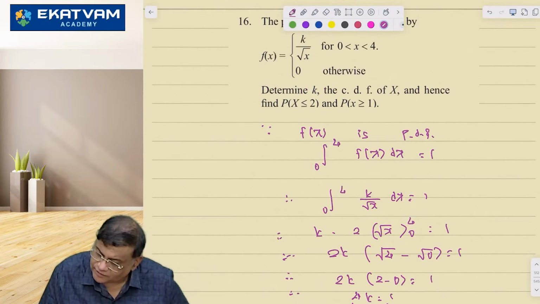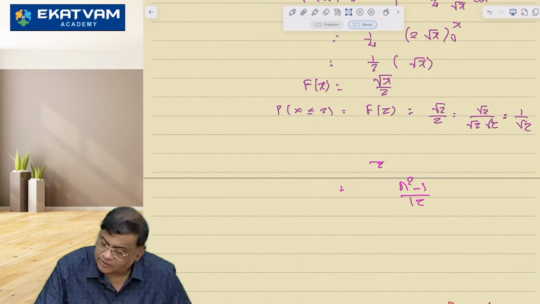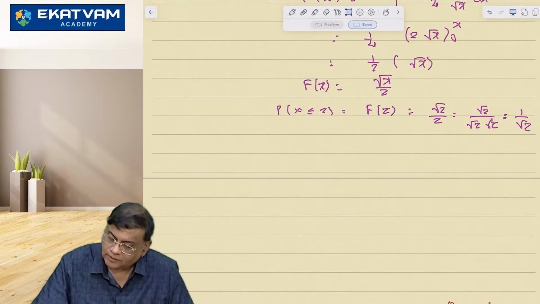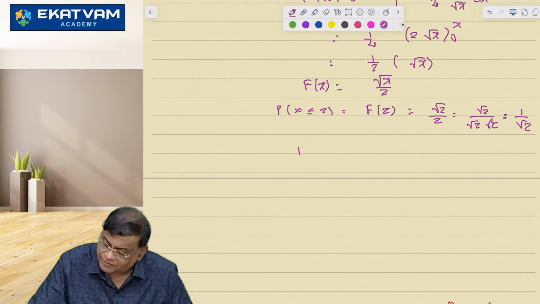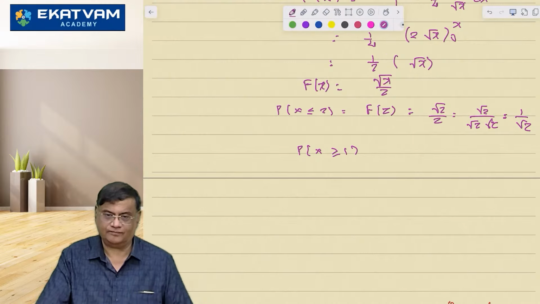And the second one you want is probability of x is greater than or equal to 1. अभी जरा एक मिनट मेरे तरफ देखो, ये मेरे को CDF से निकालना है, greater than or equal to 1 ये निकालना है.